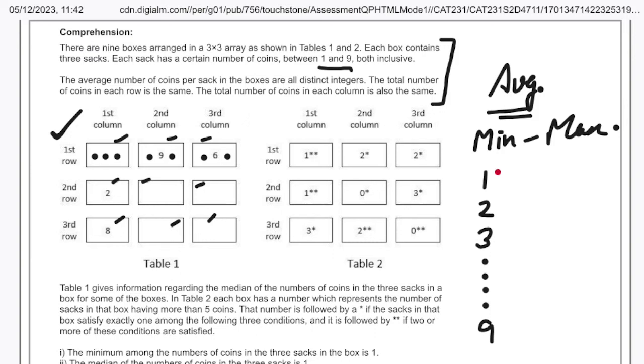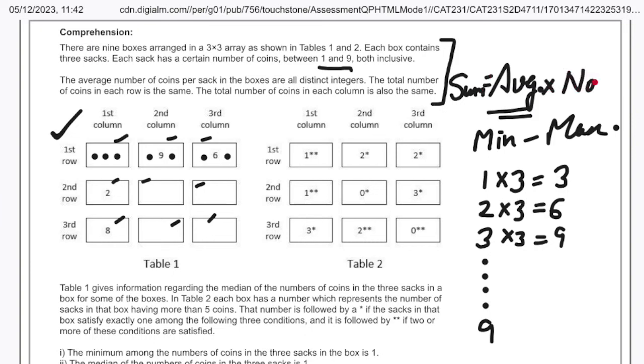That means there are 3 sacks, so the total number of coins will be 3, 6, 9, and so on, because the formula for sum is equal to average into number of terms that we have. This is the average and the number of sacks we have. So this is the sum of the coins in a particular box. So it will go till 45.